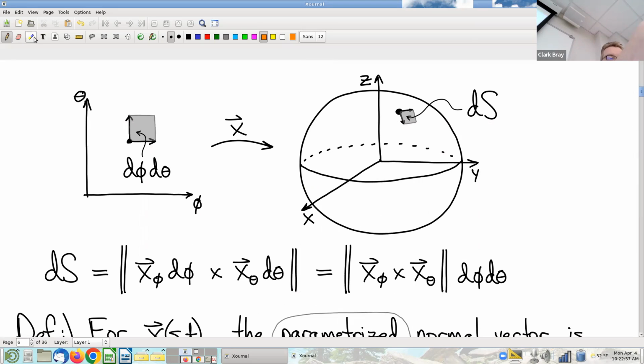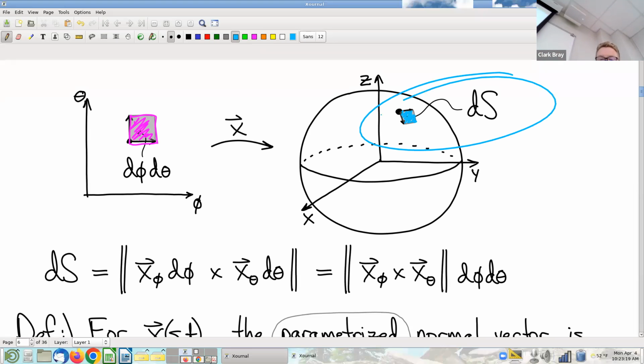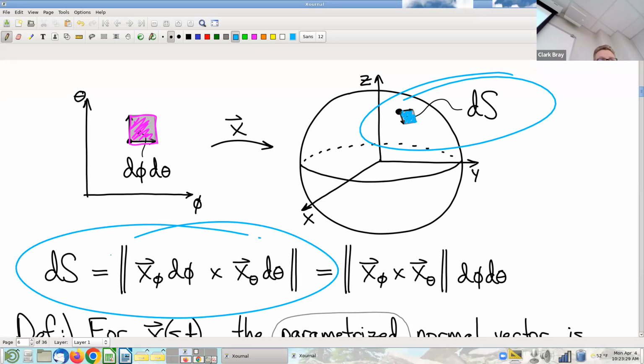If we've got some little piece of area in the phi theta plane, and I want to talk about how much area that takes up in its image on this parametric surface, I can compute that area, ds. I can compute it because it's a parallelogram. I know how to compute the areas of parallelograms. The area of a parallelogram is the magnitude of the cross product of the two vectors, and we've already computed these two vectors.